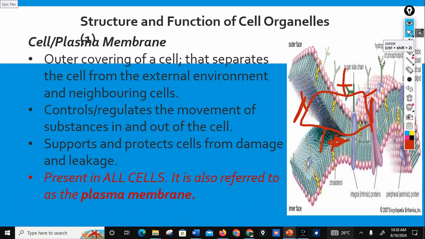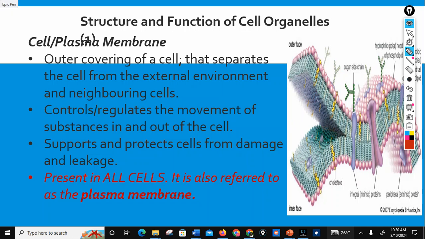Now, the cell membrane is the outer covering of a cell. That is for the animal cell. If it's the animal cell, it will be the outermost covering. But if it's the plant cell, it's going to be the second layer of the covering of a cell.